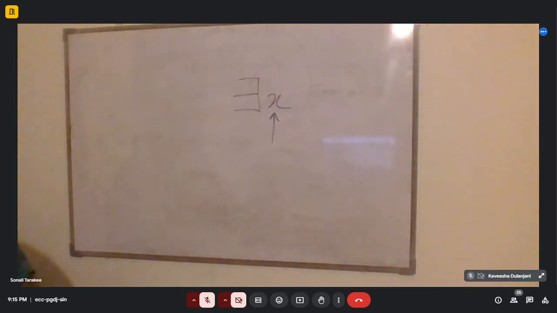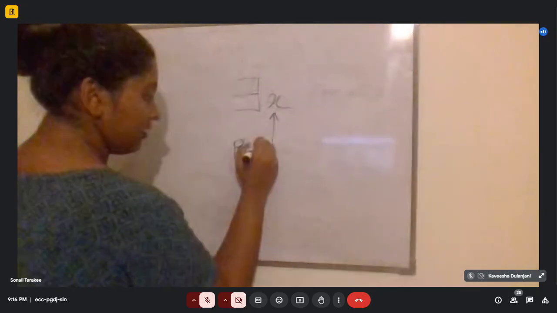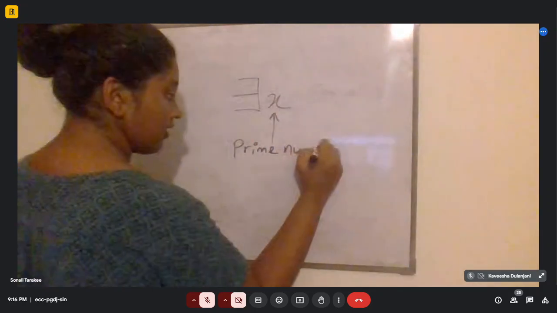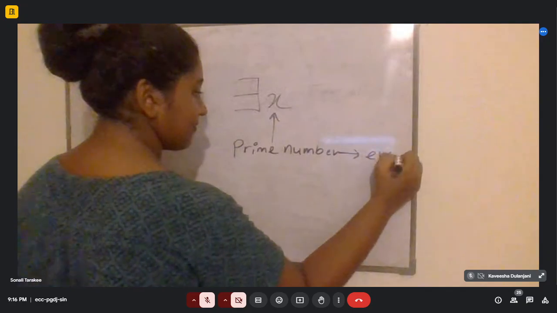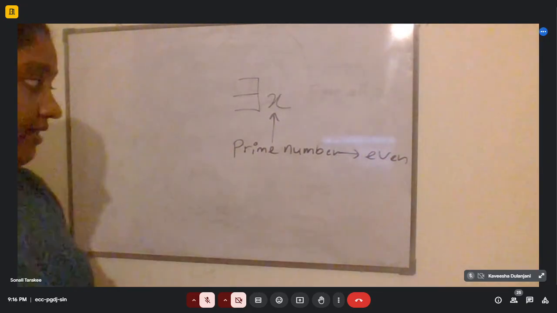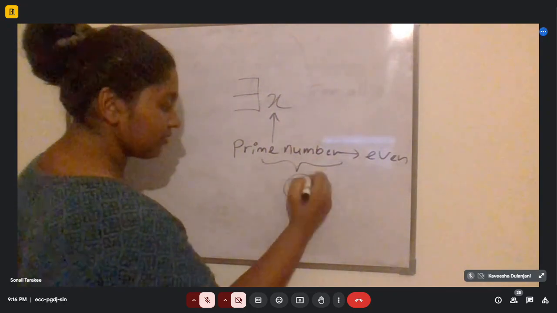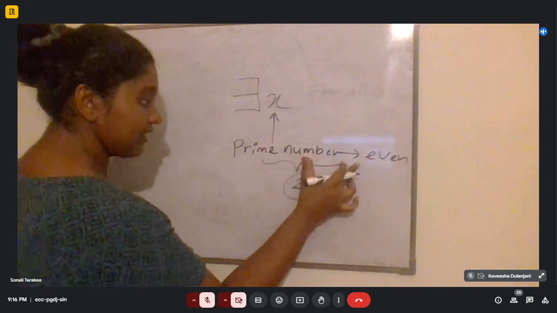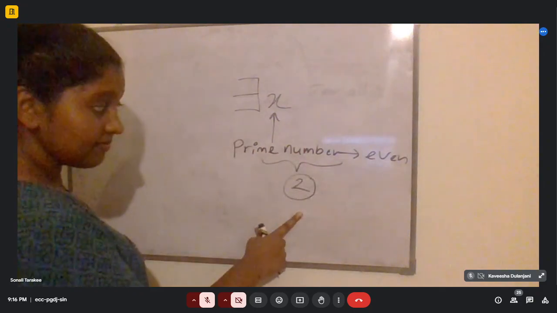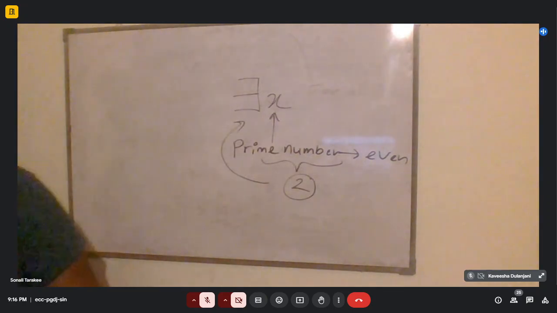For example, if I say there is a prime number which is even. So it should be a prime number and it should be even. This condition is met only by the number 2. So for this condition, at least one element exists. That's why it's an existential quantified statement.